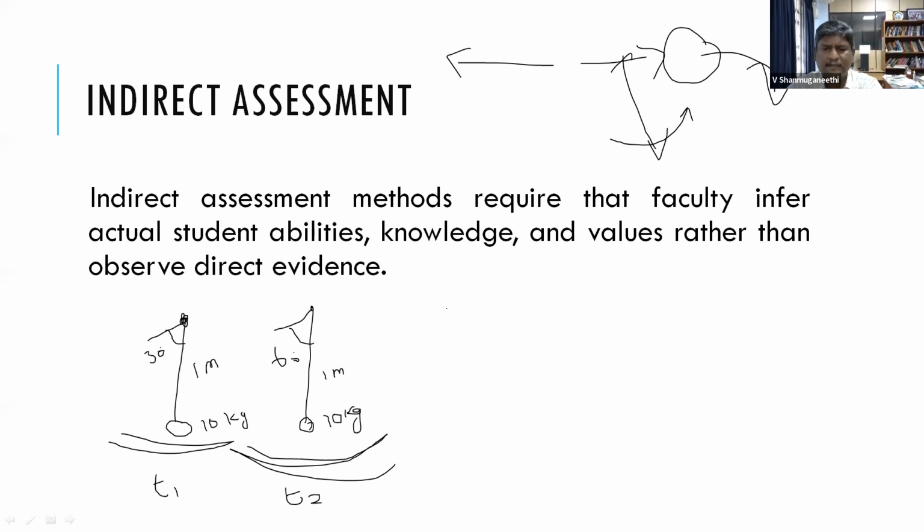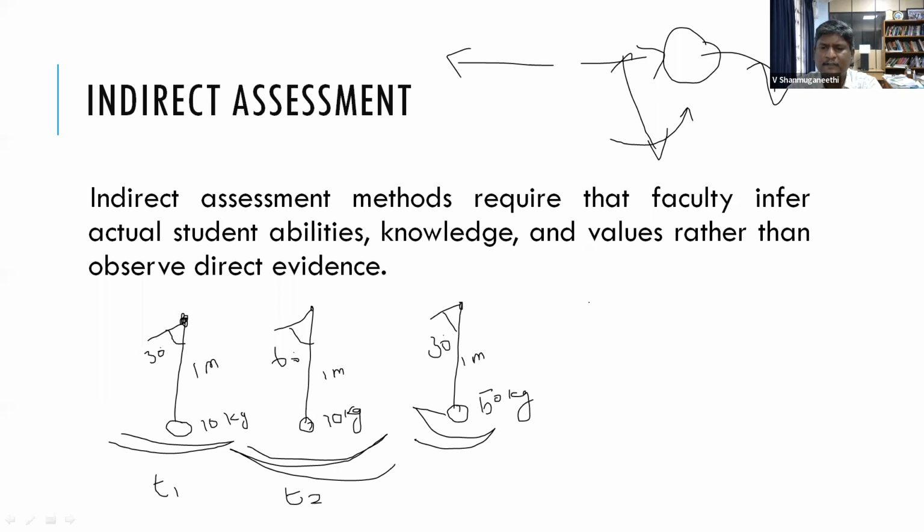Then the third point is here, same 1 meter. Now it is a 50 kg ball. The ball size is different. I am turning at 30 degrees.